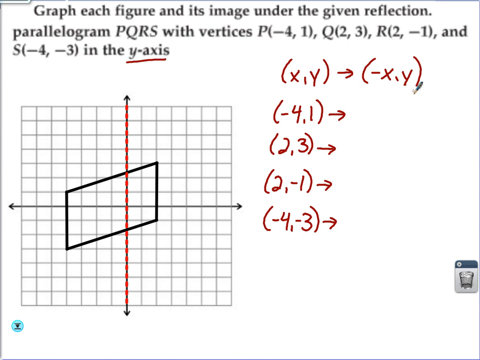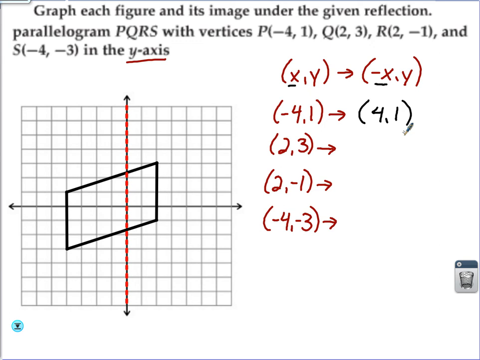Stephen, (-4, 1). When you apply this, xy turns into the opposite of x, y. (-4, 1), Stephen, will turn into what? x turns into the opposite of x. So (4, 1). Good job.